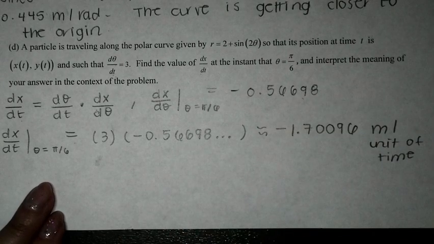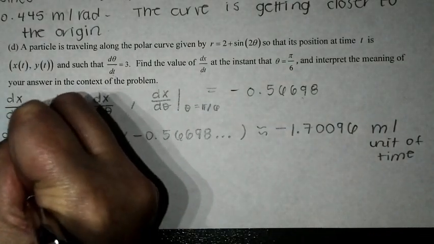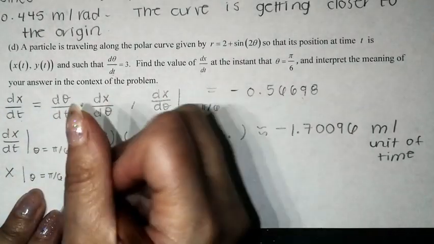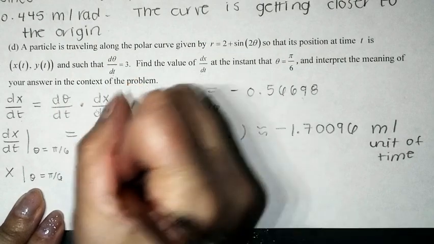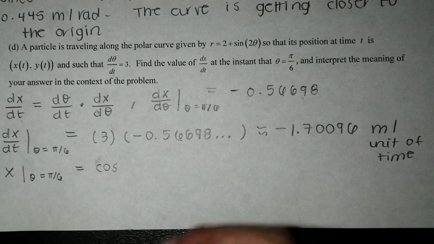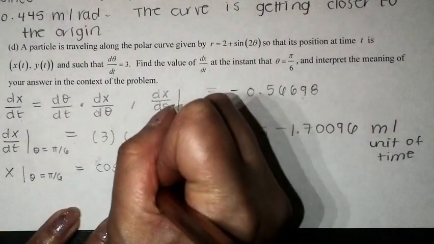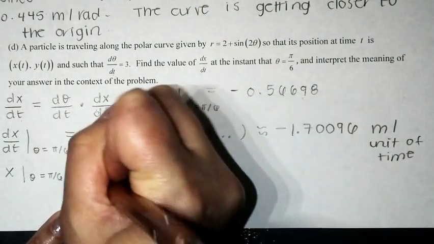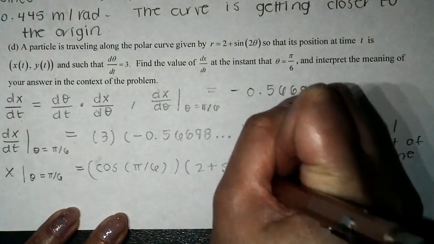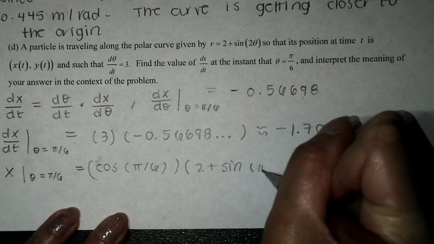Now another thing that you need to check here is x evaluated at pi over 6. What is this going to give you? You know that this is going to be equal to cosine of pi over 6 times 2 plus sine of pi over 6.